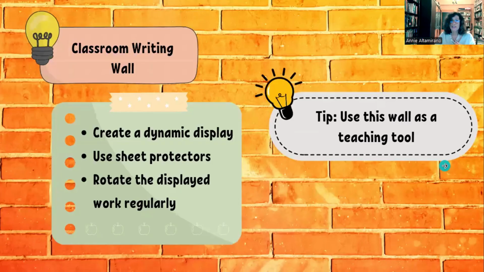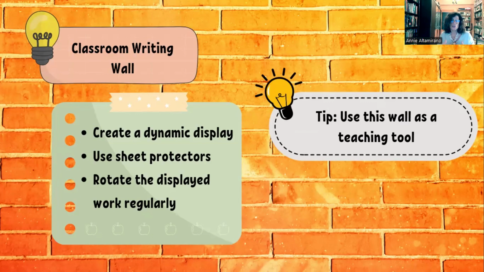Also, you can have a classroom writing wall. This is an idea that keeps the celebration of writing ongoing in your classroom. Create a dynamic display of students' writing on your walls. Use sheet protectors for easy swapping of content.